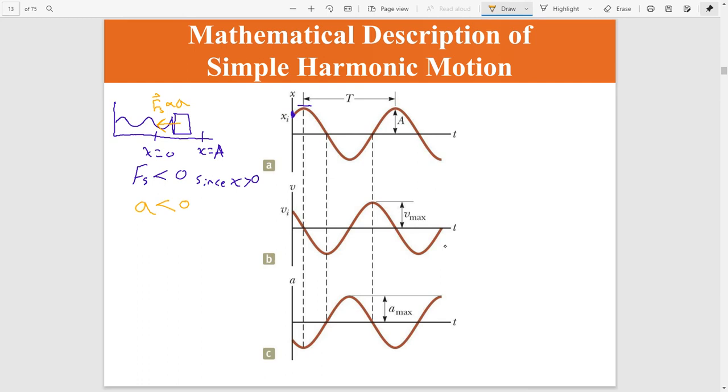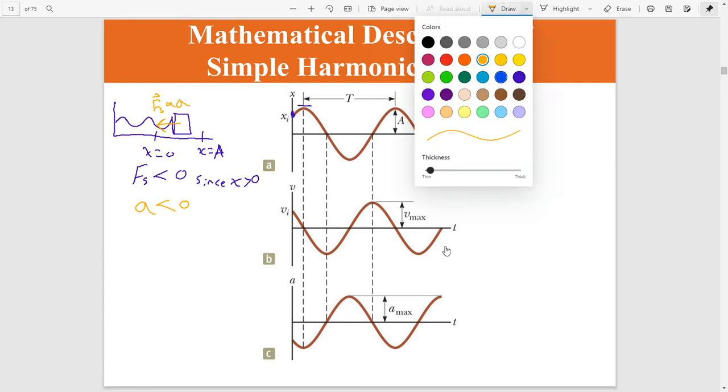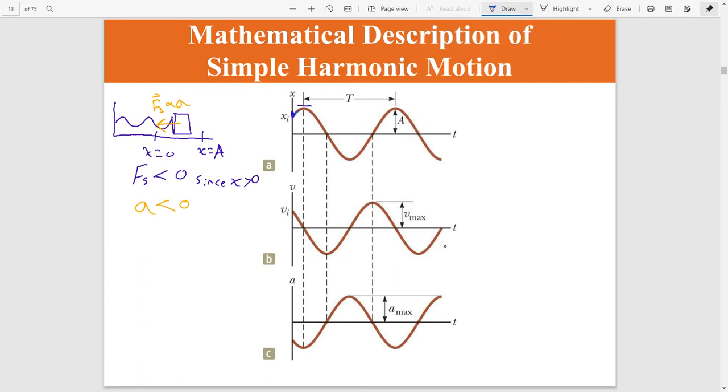As for the speed, if we look at the position graph, we see that it's going towards max displacement over here, so it must be moving to the right.